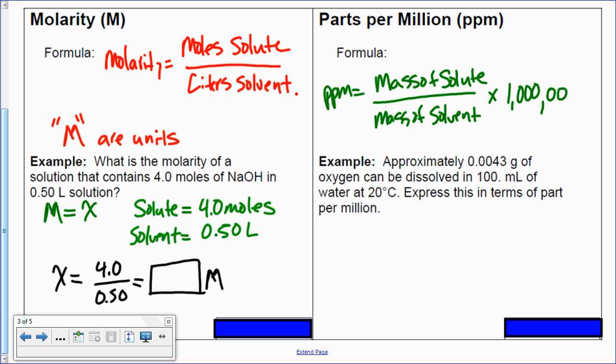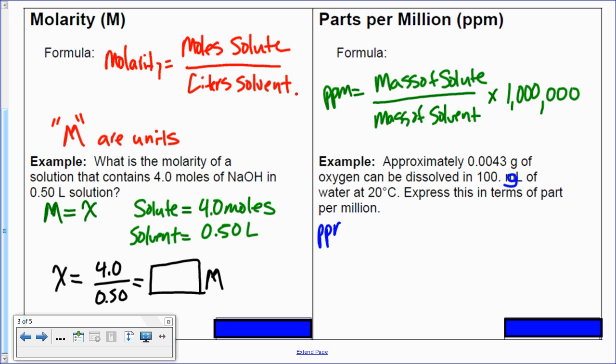Why? Because it's parts per million. Now, when we come down here to the bottom, we're going to do our math. Approximately 0.0043 grams of oxygen can be dissolved in 100 mils of water at 20 degrees Celsius. This should say 100 grams of water, by the way, so change that. Express this in terms of parts per million.